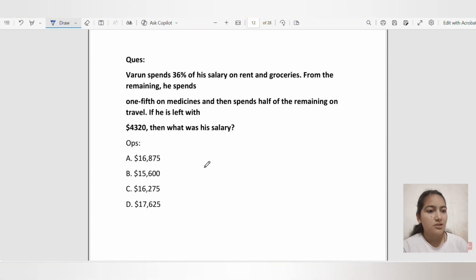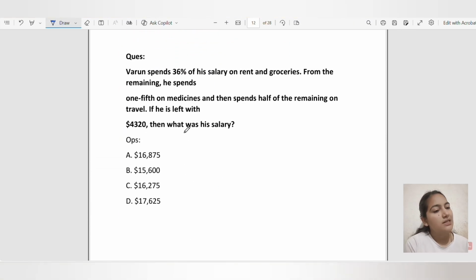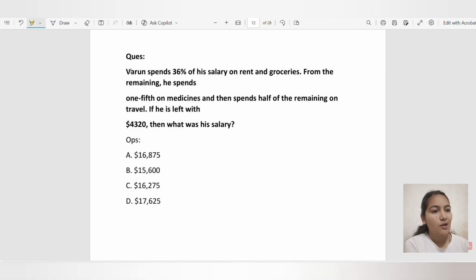Okay, let's see the next question. Varun spends 36% of his salary on rent and grocery. From the remaining, he spends 1/5 on medicines, and then spends half of the remaining on travel. If he is left with $4,320, then what was his salary?